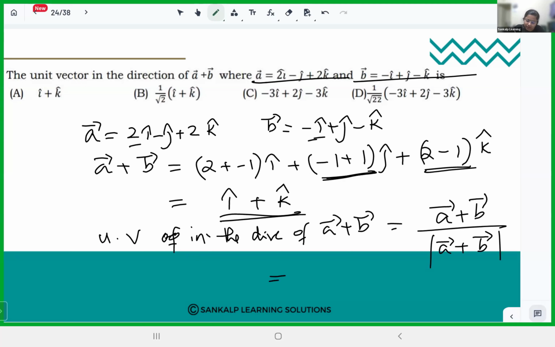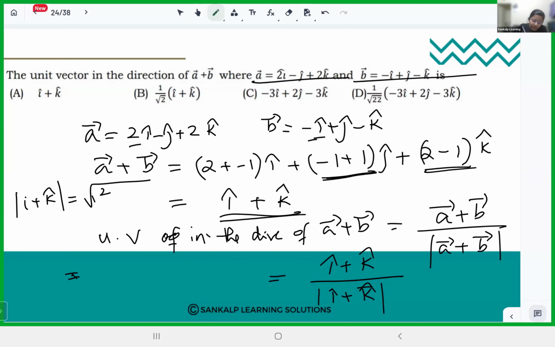So A plus B we have already found out, it is i plus k, divided by the magnitude of i plus k. And what is the magnitude of i plus k? It is equal to root of 1 square, isn't it? The scalar component of i is 1, the scalar component of k is also 1.